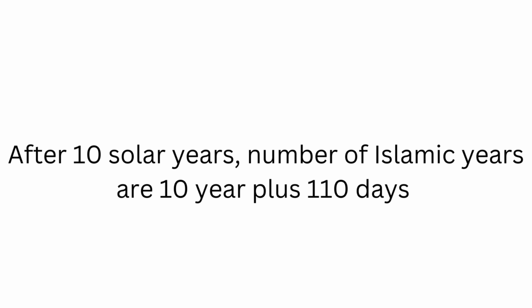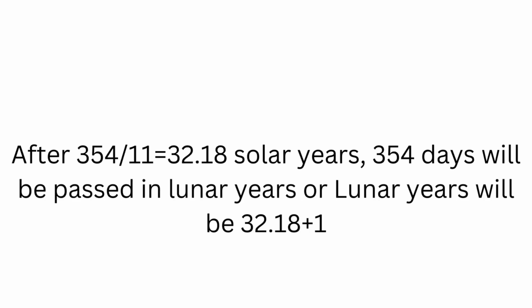And thus, when 354 divided by 11 or 32.18 solar years will be passed, number of additional days passed in lunar year will be 354. In other words, after passing 354 divided by 11 or 32.18 solar years, one more lunar year will be passed and one has to be added.